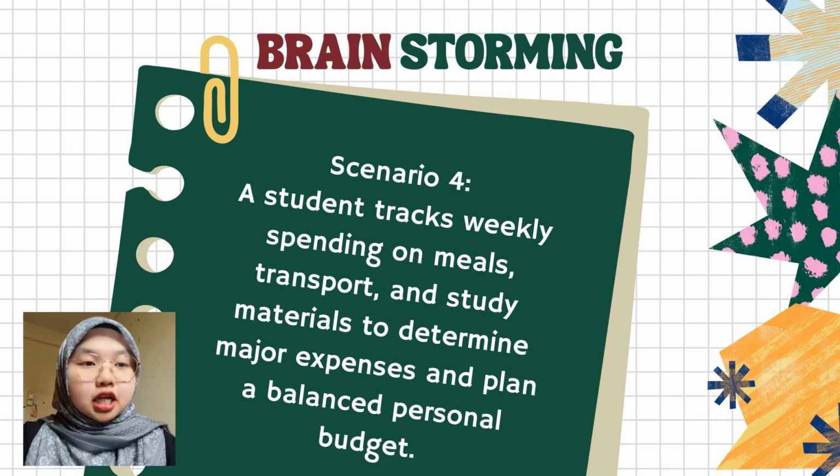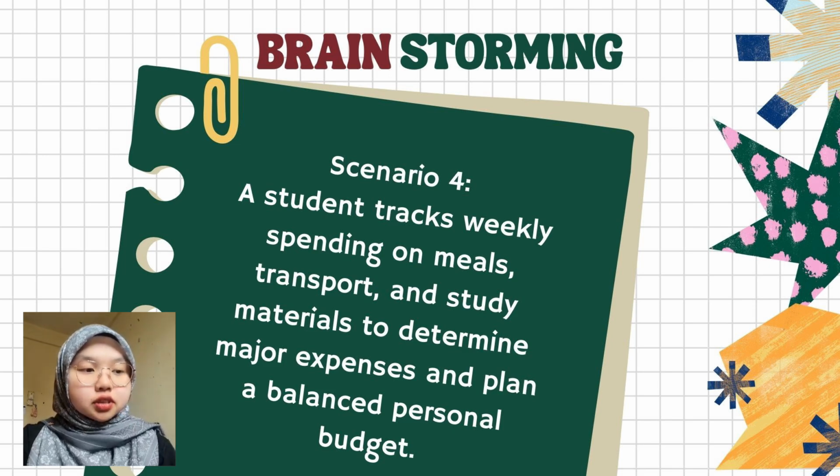This tracking process helps the student differentiate between needs and wants. It also encourages discipline and better financial decision making. As a result, the student can avoid overspending, reduce financial stress, and even set aside some savings for emergencies or future goals.